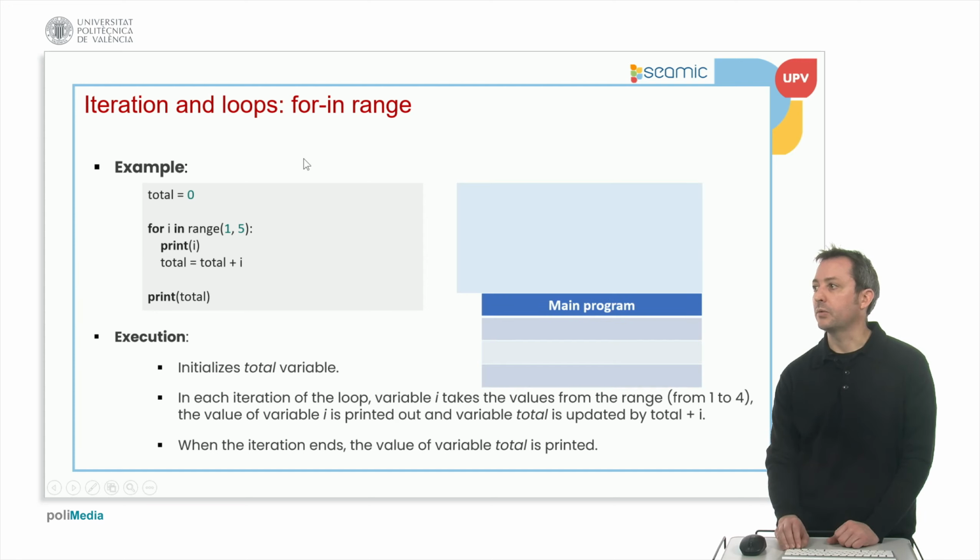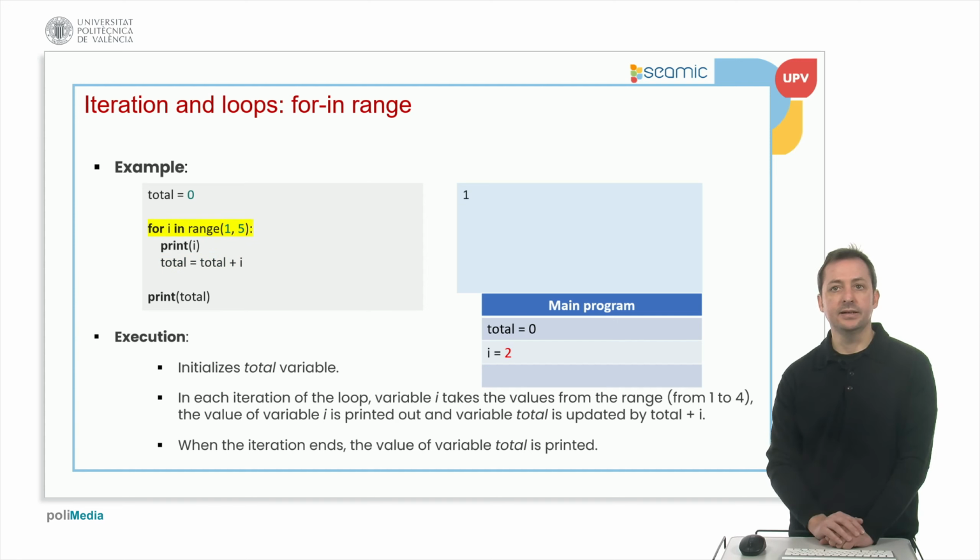Well, here we have the output and the memory, and first we define the variable total with value 0 and start with the loop. So the first value that the variable i takes is the initial, that is 1, and we go inside the for statement. We print this value and we change the value of variable total by increasing the current value by i. So let's go again.